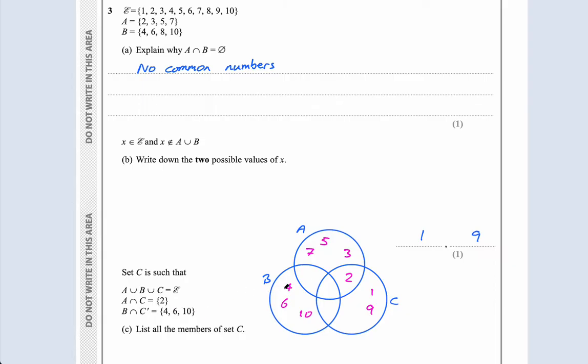I can't put 8 there because it's not in A. I can't put 8 here because it's not in A. So I have to put 8 there, which means the members of set C are 1, 2, 8, and 9.